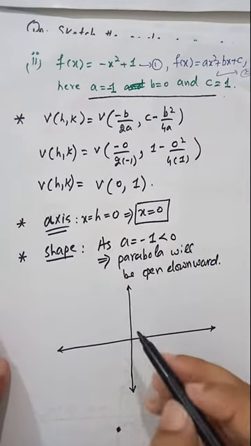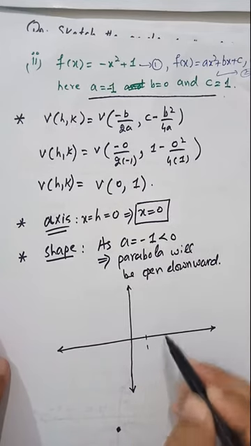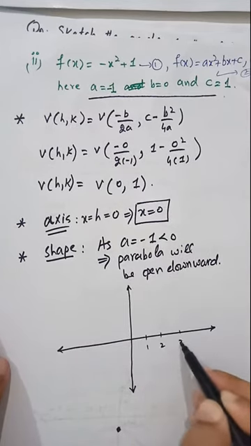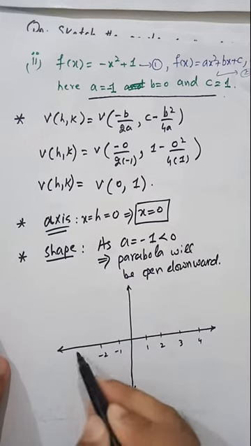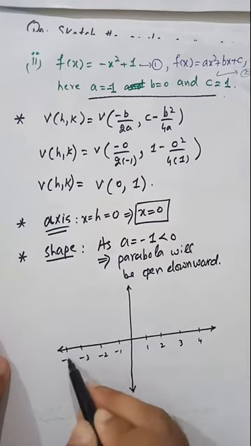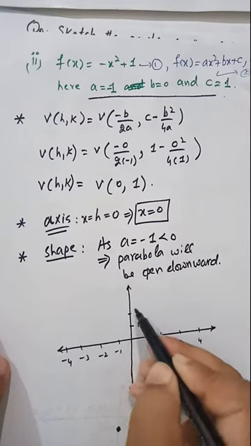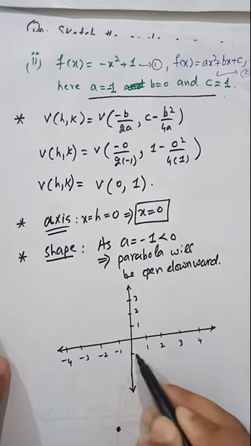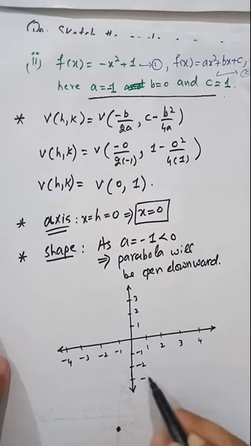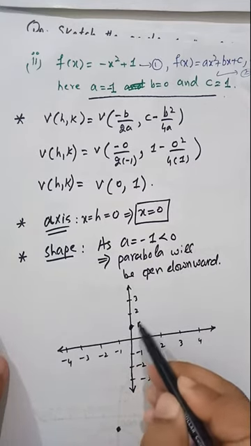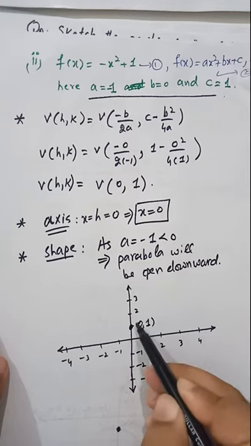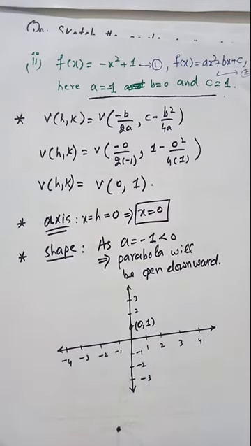Now you see that, let's say this is 1, this is 2, this is 3, this is 4, this is minus 1, minus 2, minus 3, minus 4, this is 1, 2, 3, minus 1, minus 2, minus 3. So 0, 1 is this point. This point is 0, 1. So this is my vertex.